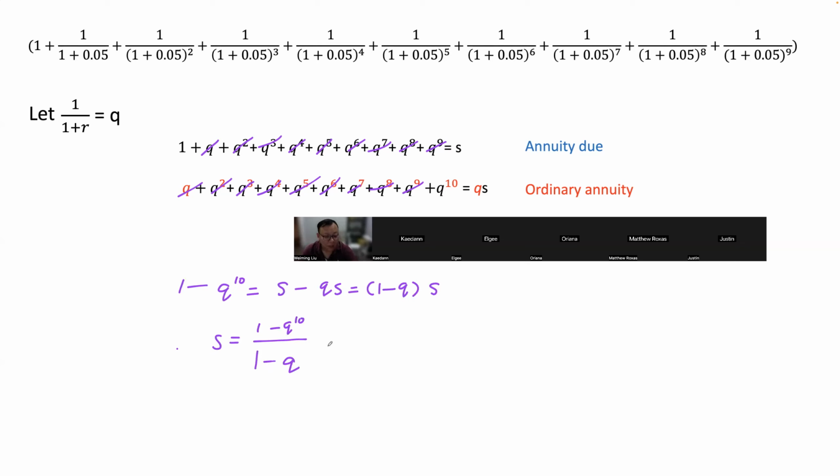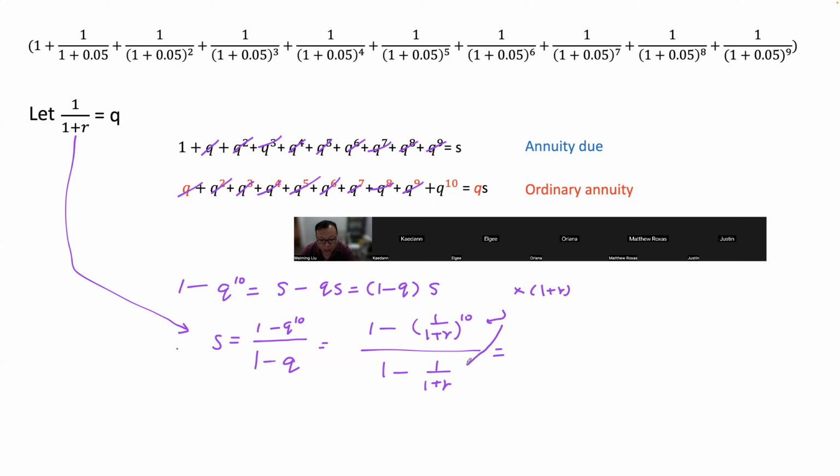Okay, so now we're going to bring this into this formula: 1 minus 1 divided by (1 plus R) to the power 10, divided by 1 minus 1 over (1 plus R). Now I can further simplify this equation. I multiply 1 plus R to the numerator and also to the denominator.